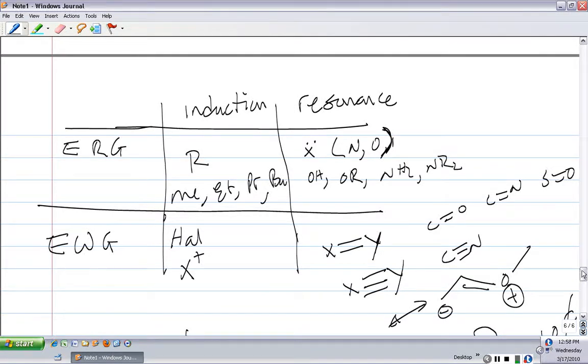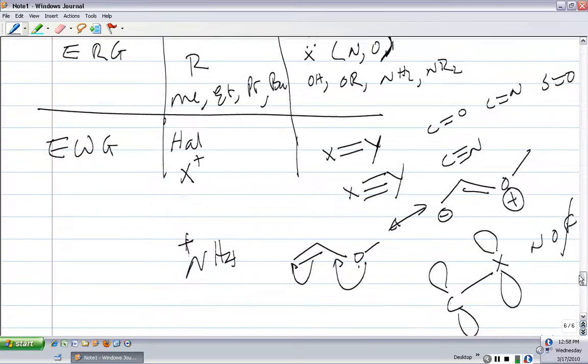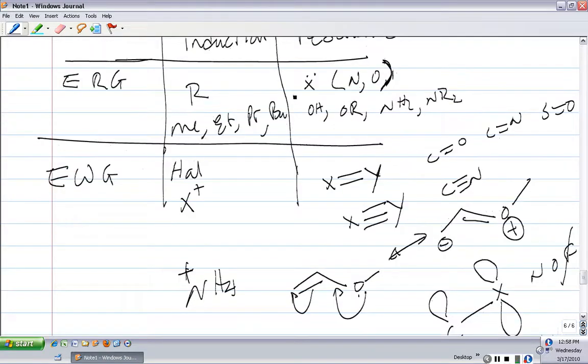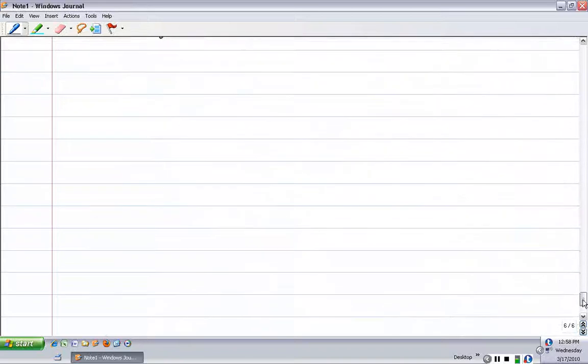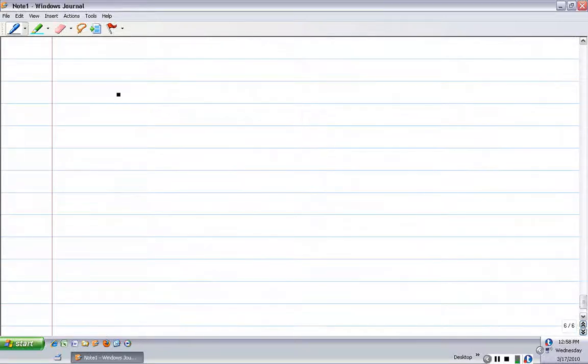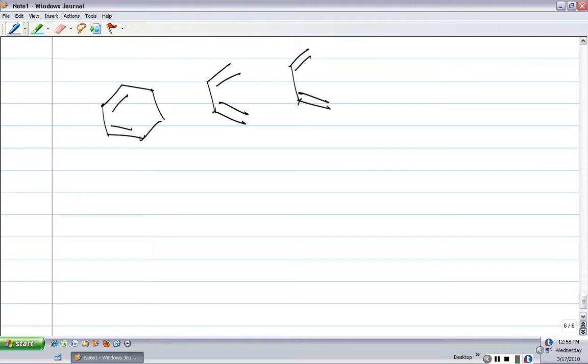So we now know, therefore, that if I have ERGs on my diene, the diene is activated. EWGs on a dienophile activate the dienophile. So, for example, if I ask you which of these dienes is most Diels-Alder active, what you would tell me is the most Diels-Alder active one is this one, right?